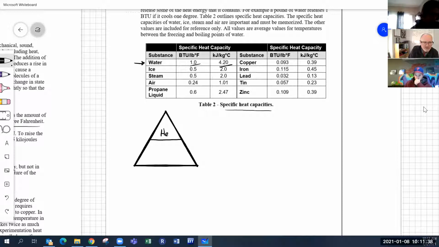Heat, and when I say heat, I'm going to say BTUs or kilojoules. That's what we measure heat in.